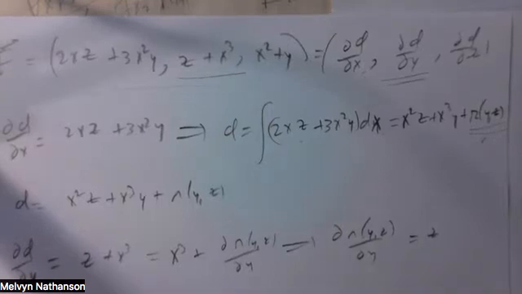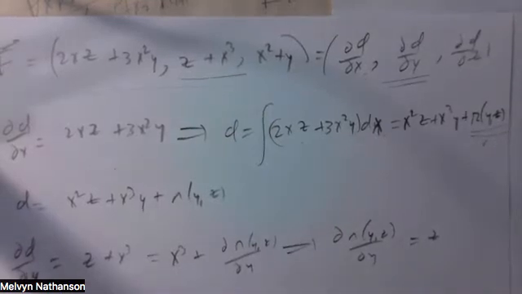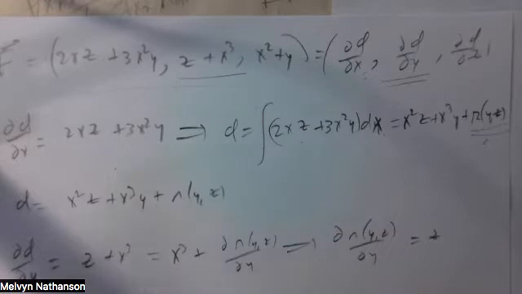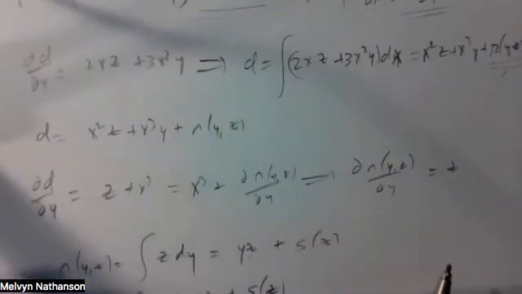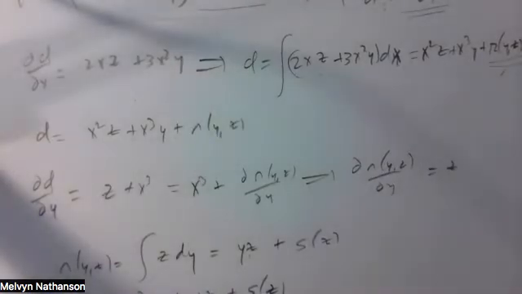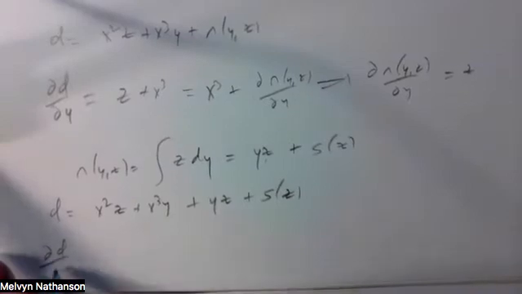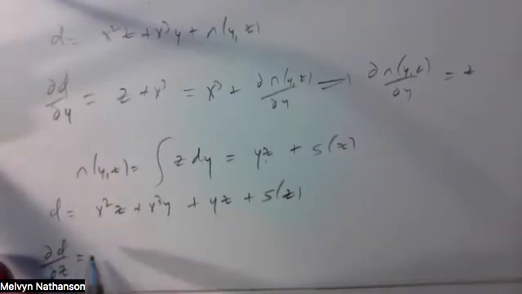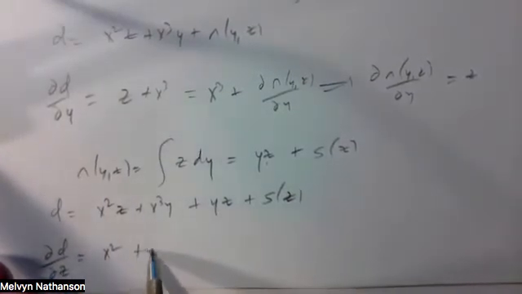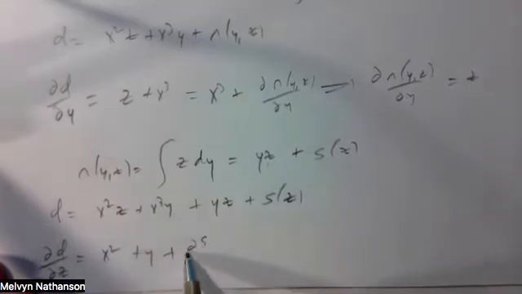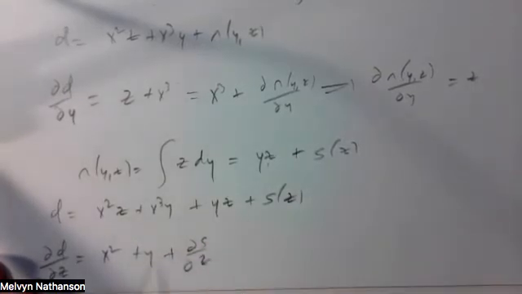So what I have is that phi is x²z + x³y + yz plus some function that only depends on z. If I take the partial derivative of phi with respect to z, that's x² + y plus the partial of s with respect to z.